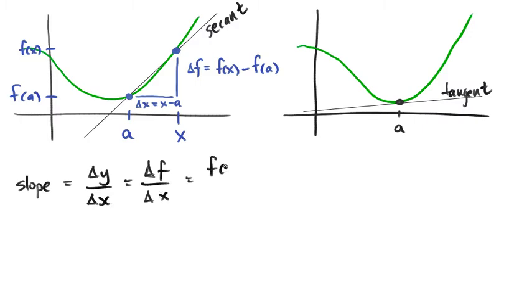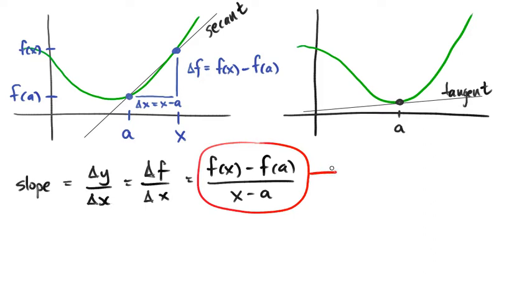And as we see, that can be written as the difference between the two y values compared to the difference between the two x values. And this part has a special name. It is known as the difference quotient.